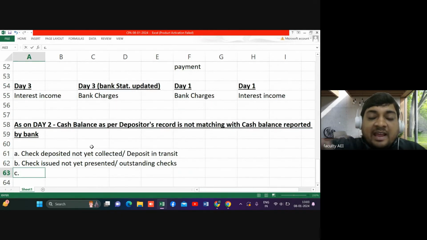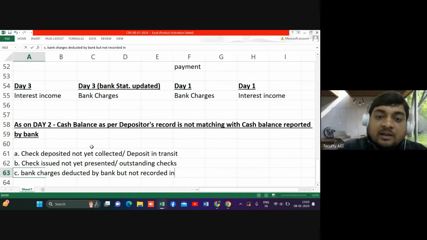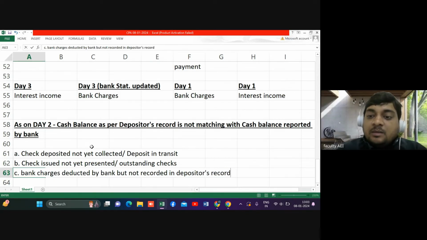Then as of day 2, bank charges deducted by bank, but not recorded in depositor's record.